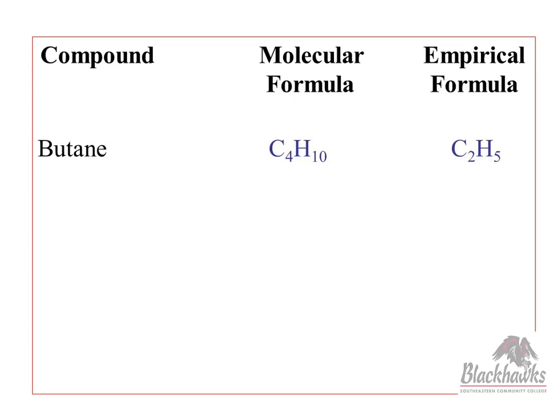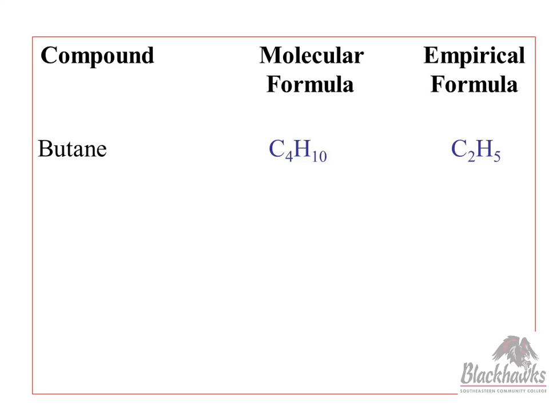So for instance, the real formula for butane has 4 carbons and 10 hydrogens. That's it. It's a molecular compound. There are no metals there, so it's molecular instead of ionic. You can reduce it by dividing 4 and 10 both by 2 and get 2 and 5 respectively. So there on the right is its empirical formula.